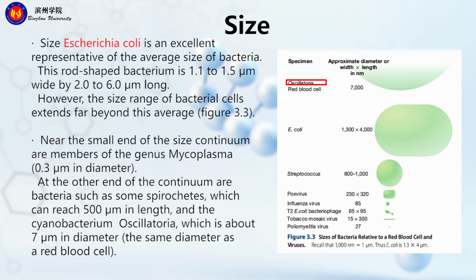At the other end of the continuum are bacteria such as some spirochetes, which can reach 500 micrometers in length, and the cyanobacterium Oscillatoria, which is about 7 micrometers in diameter, the same diameter as a red blood cell.